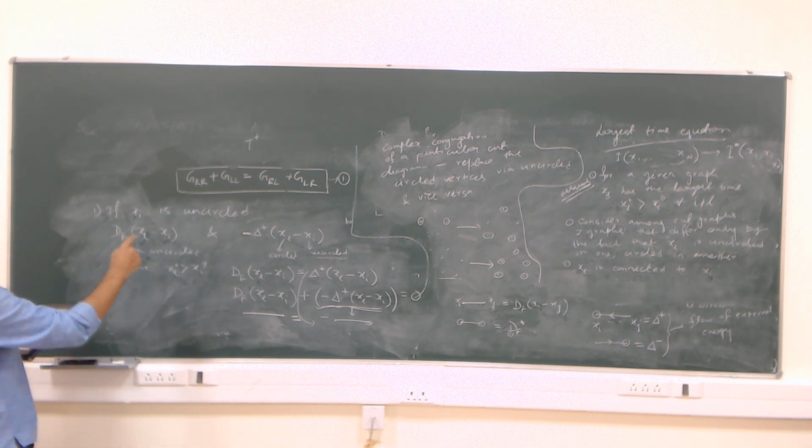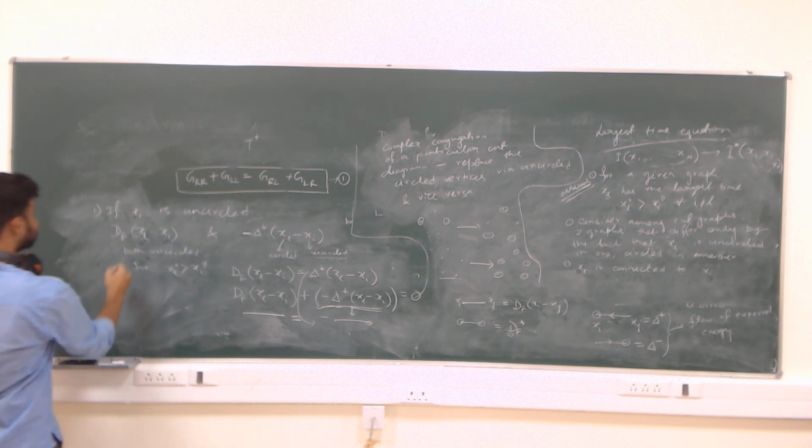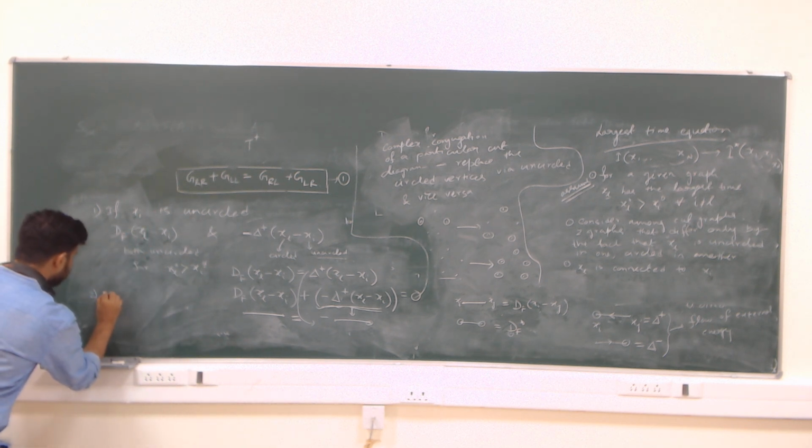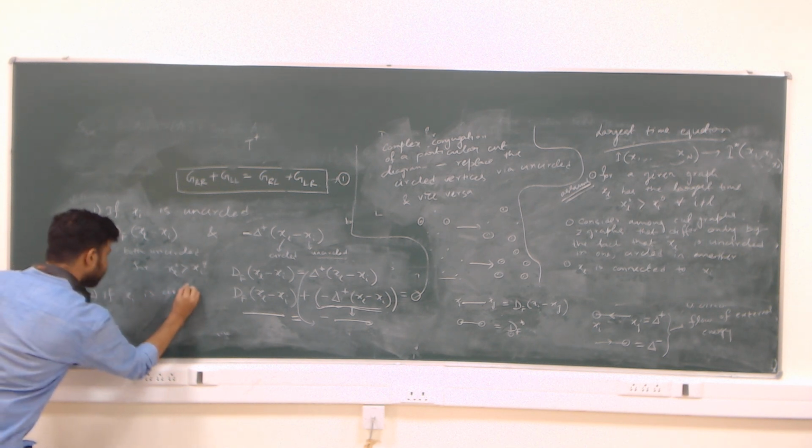Now this was for the case where, let's say, xi was uncircled. Now what happens if xi is circled?